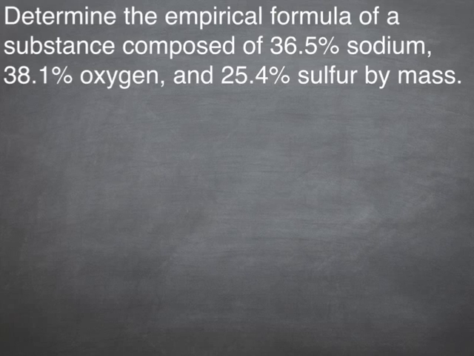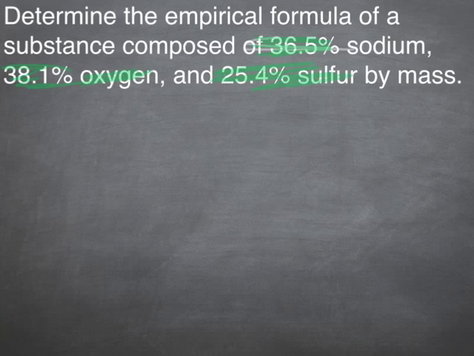When you get a question that's written this way, the first step is to go through and get the information that you have. Notice that it's giving me percentages. That's how much sodium I have, how much oxygen I have, and how much sulfur I have.